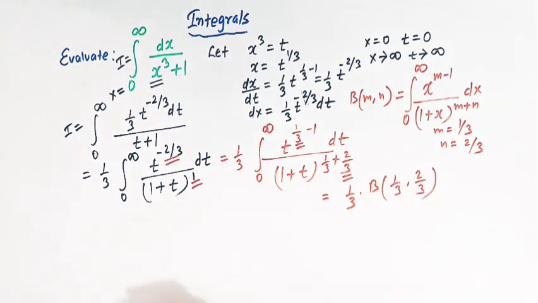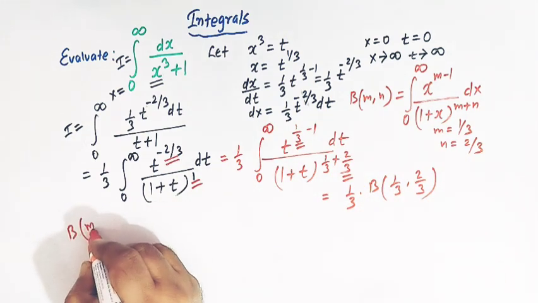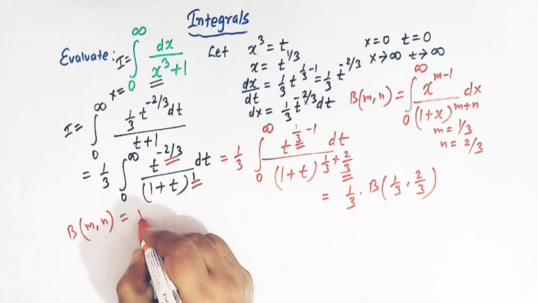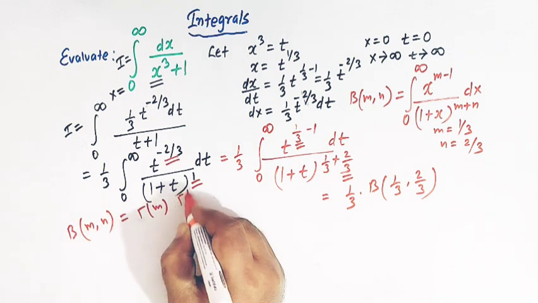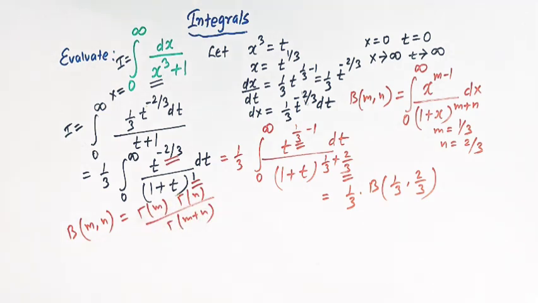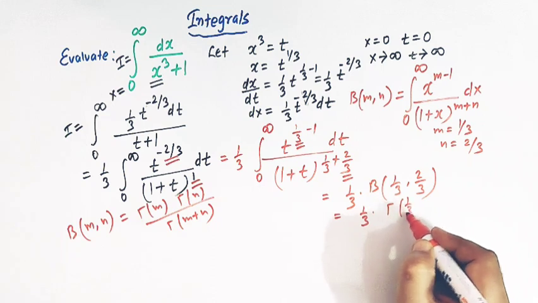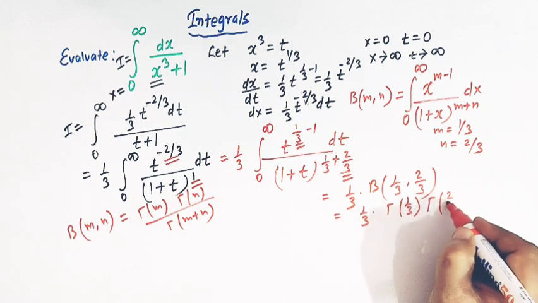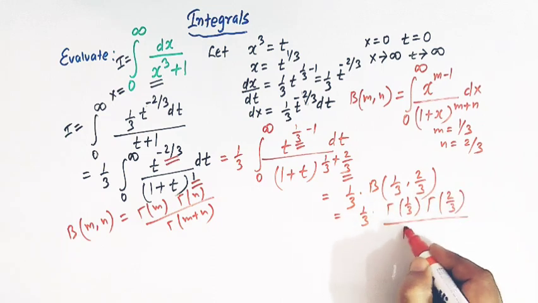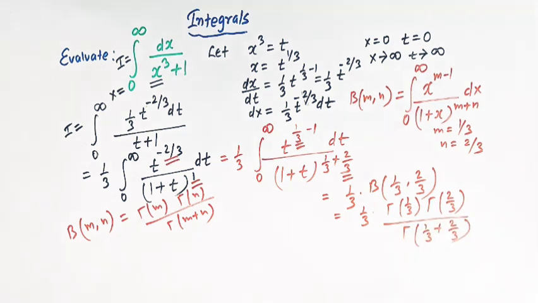So let us make use of another important relation in beta gamma function, that is beta m n is equal to gamma of m, gamma of n divided by gamma of m plus n. So here we have 1 over 3, gamma of 1 over 3, gamma of 2 by 3, and then we have gamma of 1 by 3 plus 2 by 3, right?